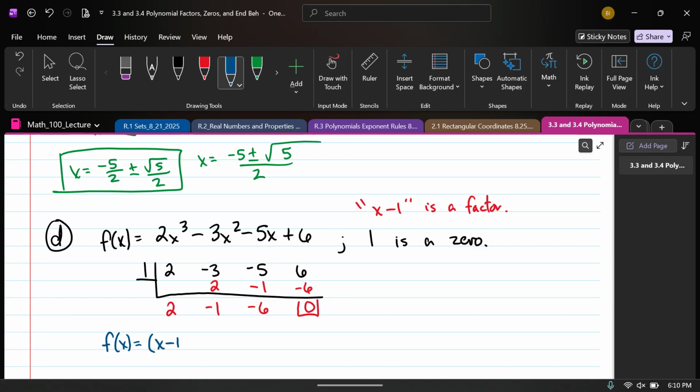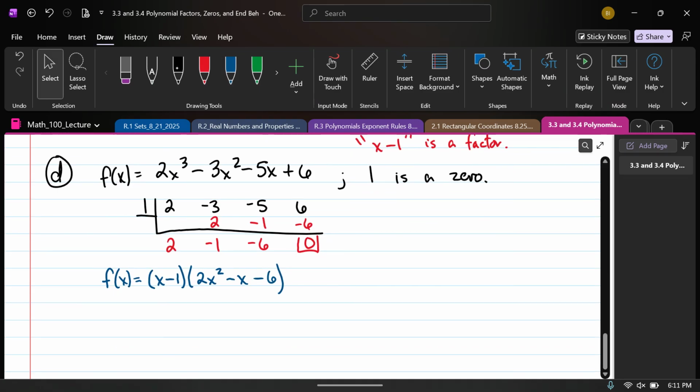So I got x minus 1 times 2x squared minus x minus 6. So I've factored out the x minus 1 using synthetic division. Now I'm going to try to factor that quadratic and see if it'll break apart. It might not. We're going to try to see if it will.